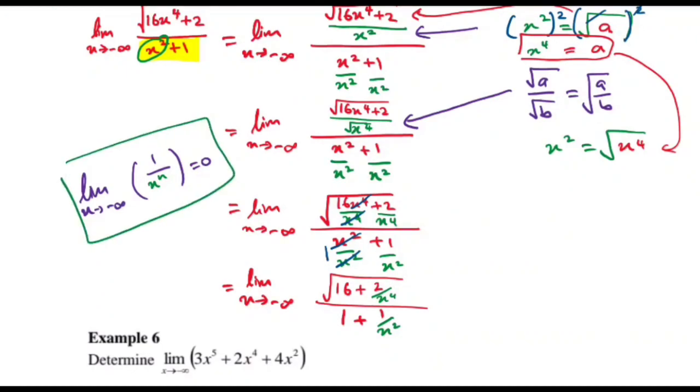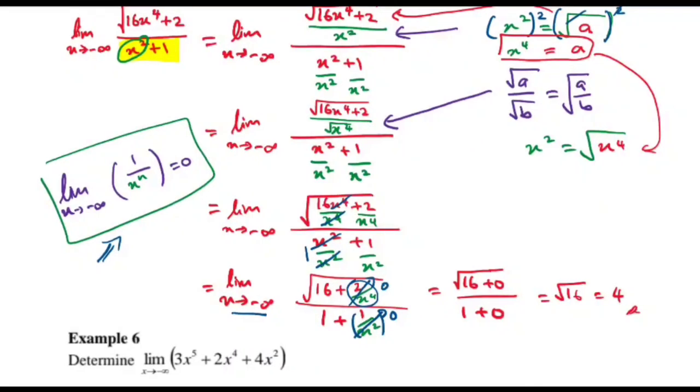So we can see there's 2 over x power 4 here. When you find the limit as x approaches negative infinity of this function, it will approach 0. Also the same for 1 over x squared. The limit will also approach 0 according to the theorem. And then what's left is just square root of 16 plus 0, divided with 1 plus 0, and the answer is square root of 16, which is equal to 4.